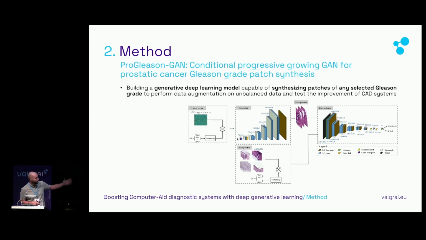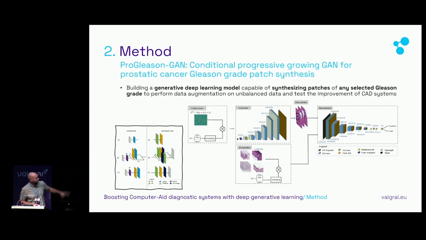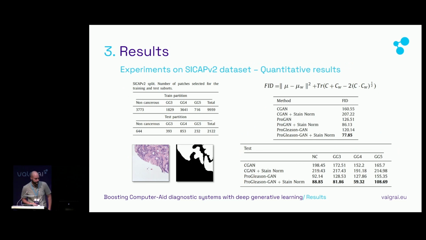In the figure, you can see the proposed approach in which we introduce a generative adversarial network conditioned in the generator and the discriminator, and it's trained in a progressive way.